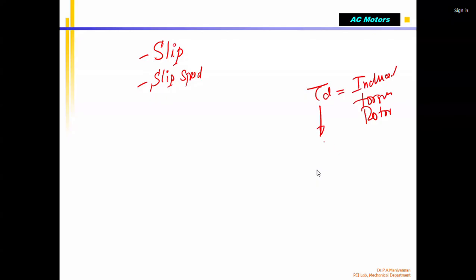Because of this, we can say the power P induced is equal to the induced torque times omega r. But this torque is not the same as at the shaft. P shaft will always be lesser than the induced power, because there are other losses. In fact, today I am going to teach about that: what is the power generated, what are the losses, and what is the final shaft power. There are equations for the electric motor, and we are going to talk about that.